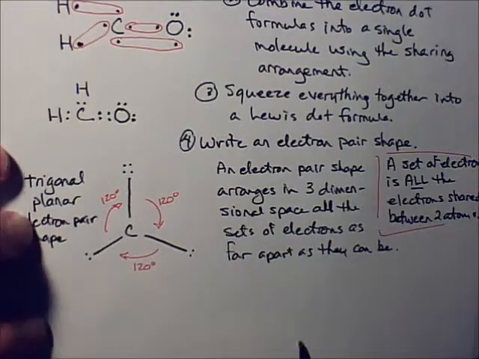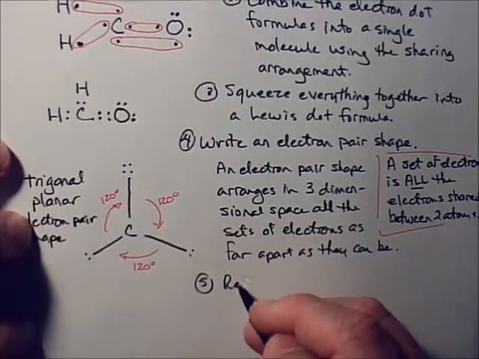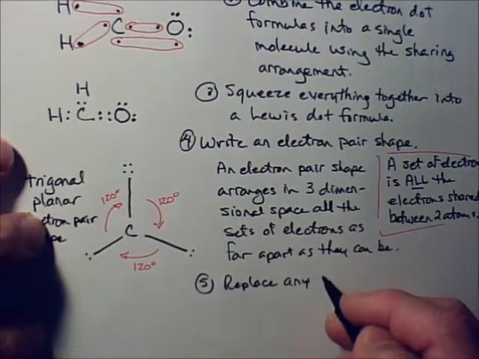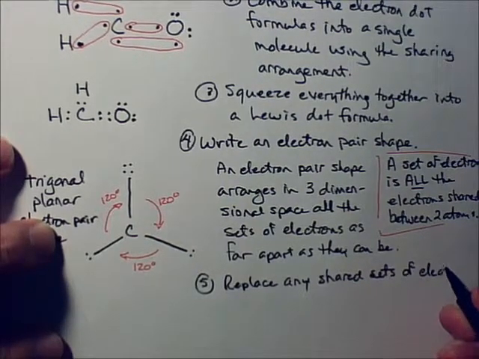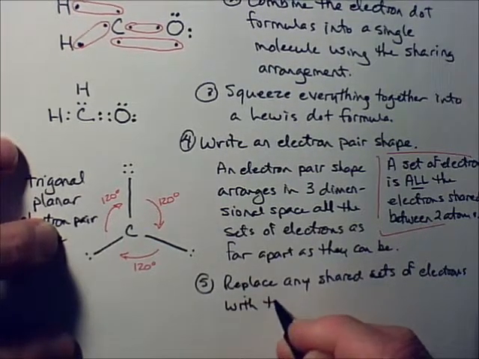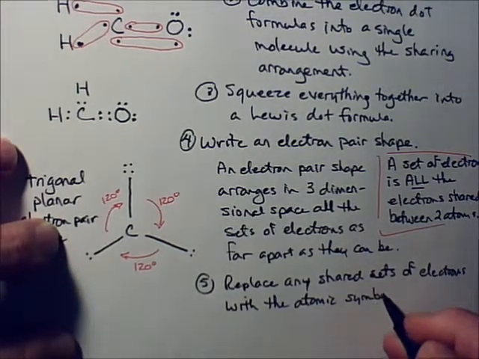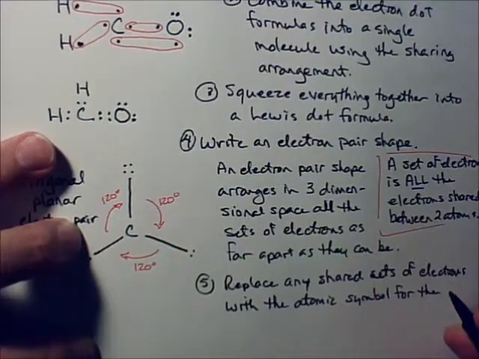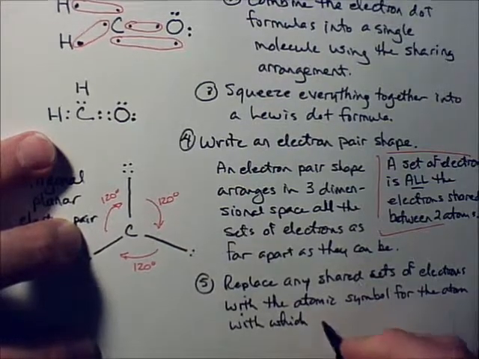Okay? All right. So now step number 5 to get to the next shape is to replace any shared sets of electrons with the atomic symbol for the atom with which they are shared.